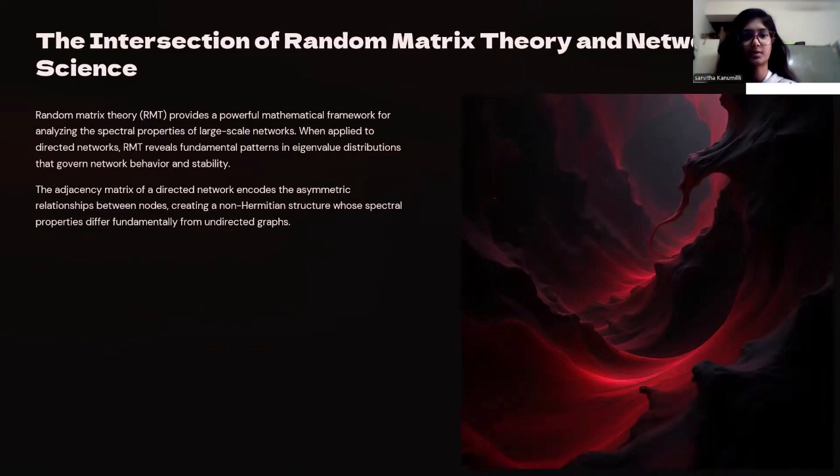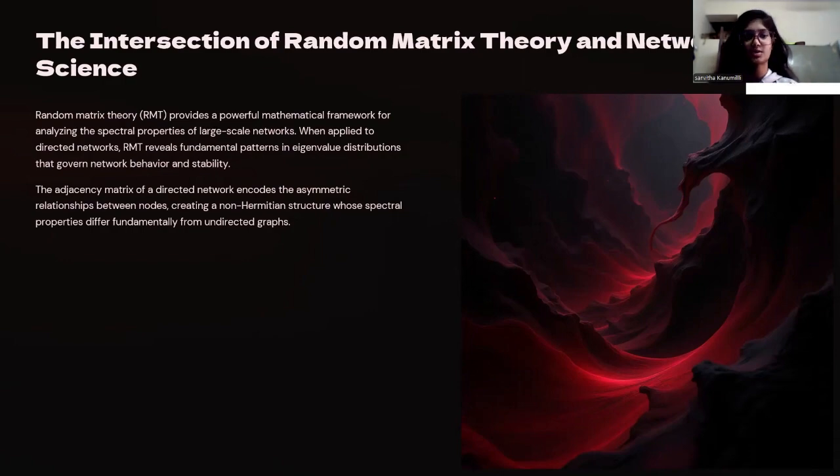Random matrix theory, RMT, provides a powerful mathematical framework for analyzing the spectral properties of large-scale networks. When applied to directed networks, RMT reveals fundamental patterns in eigenvalue distributions that govern network behavior and stability.